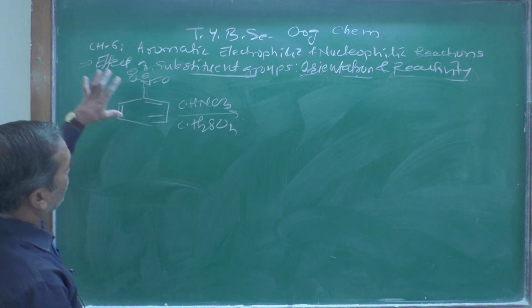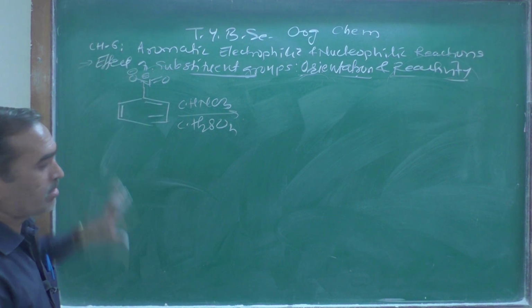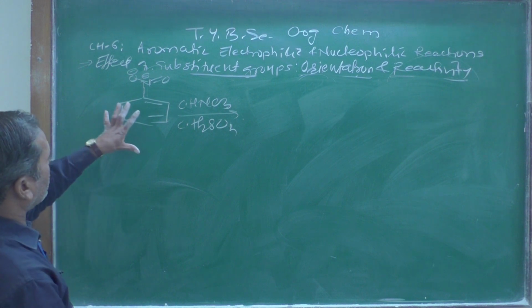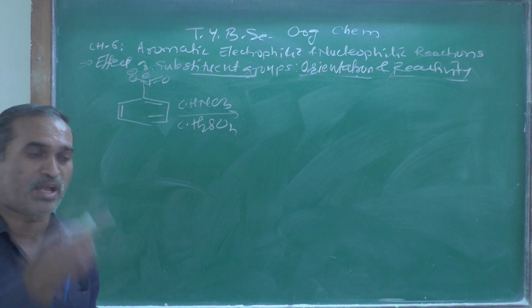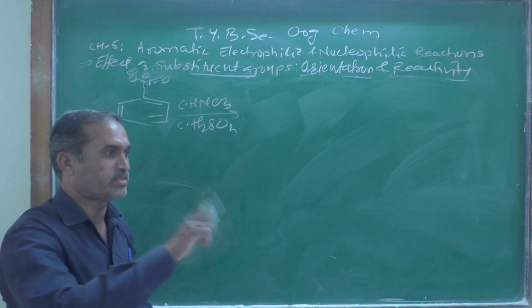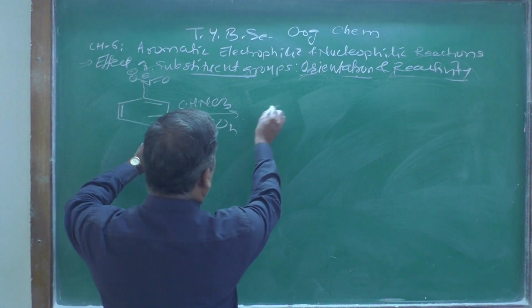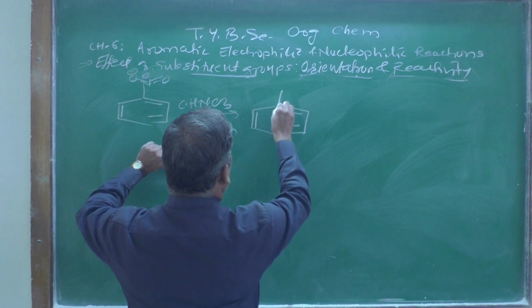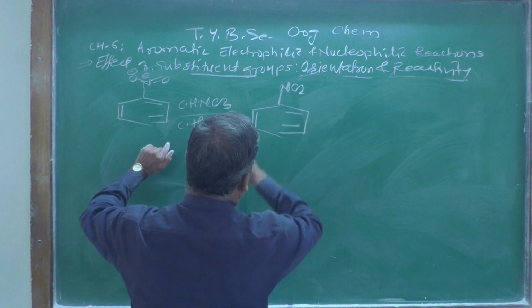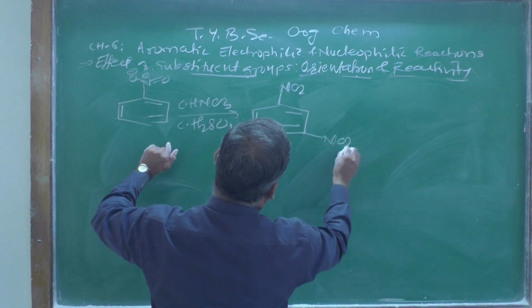But here we are taking a substituted benzene, the nitro group is already present, and we are carrying out nitration on it again. Let us see what product we are going to get. You are going to get only one product.